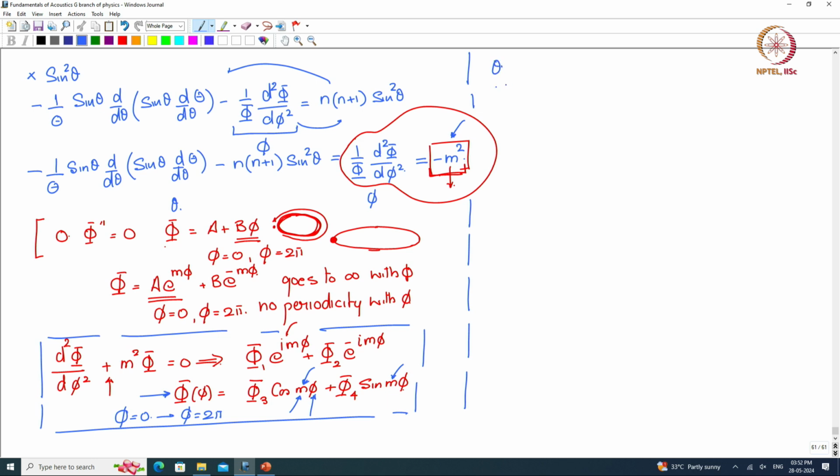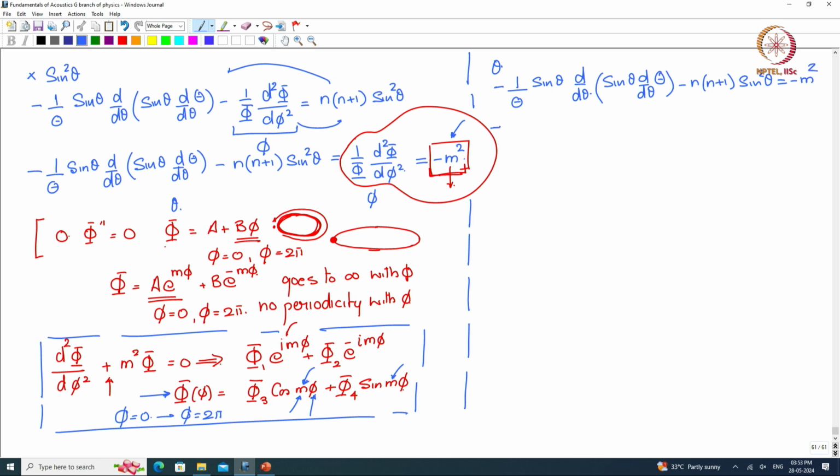We have minus 1 by theta sine theta d by d theta of sine theta d by d theta of theta minus n into n plus 1 sine square theta is equal to minus m square.